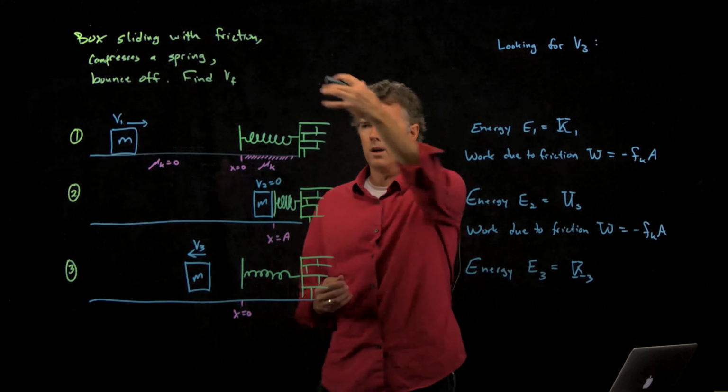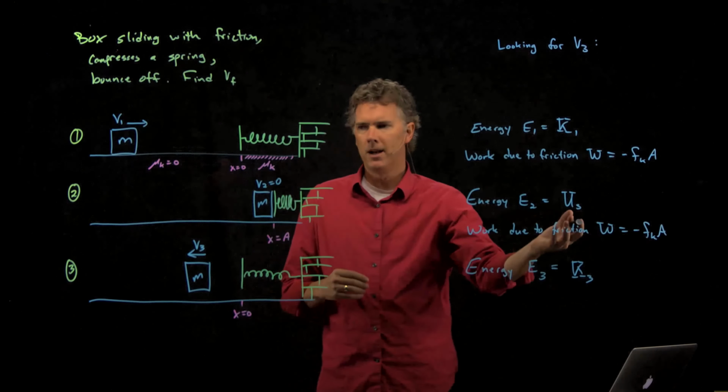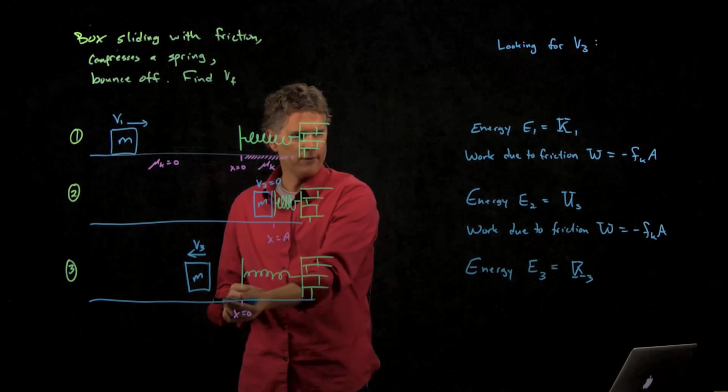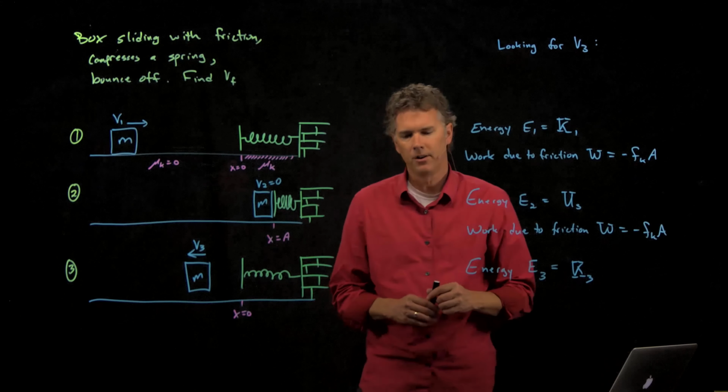So, we come in with some kinetic energy, we're going to do some work on it due to friction, we're going to have some energy in the spring, it's going to return back out, do some work on friction on the way back out, and then the box will slide along with kinetic energy.